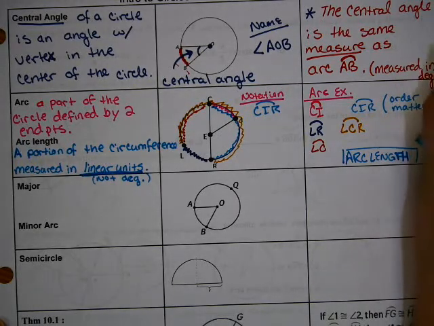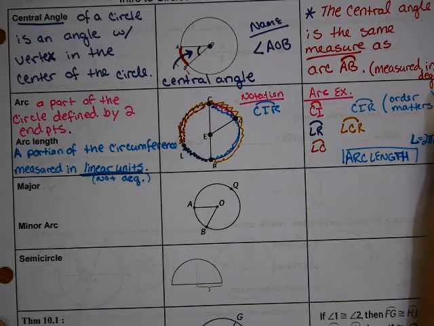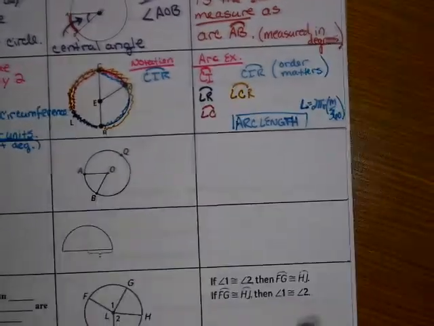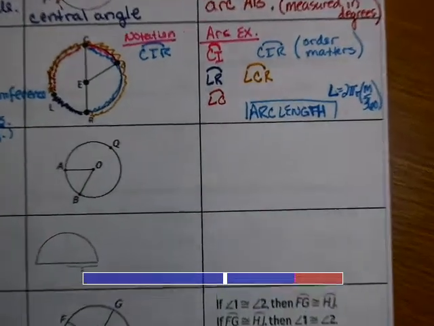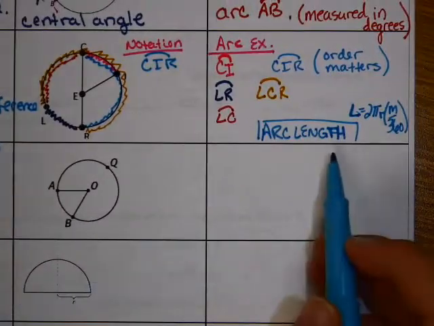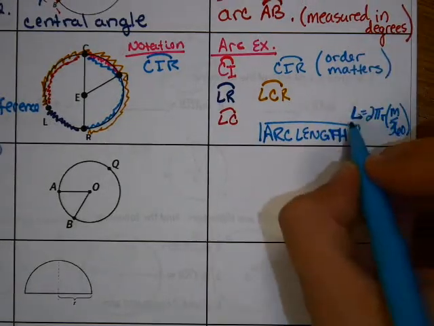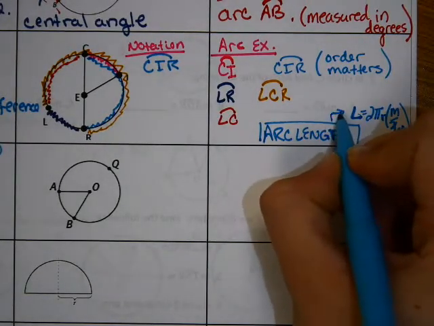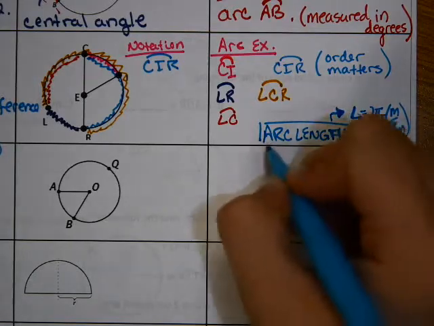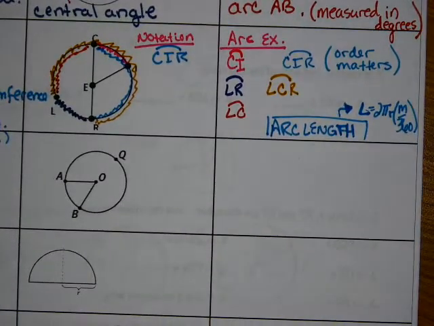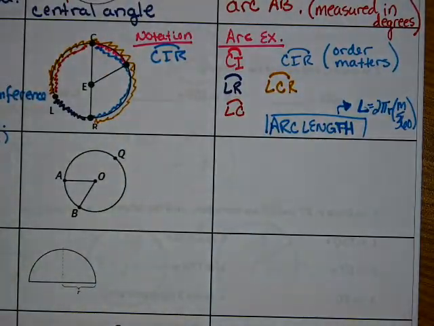And that is L for length is equal to 2 pi r m over 360. So this arc length equation we won't use too much until later units, but just so you know that it has a specific equation, arc length is different from the measurement of an arc.